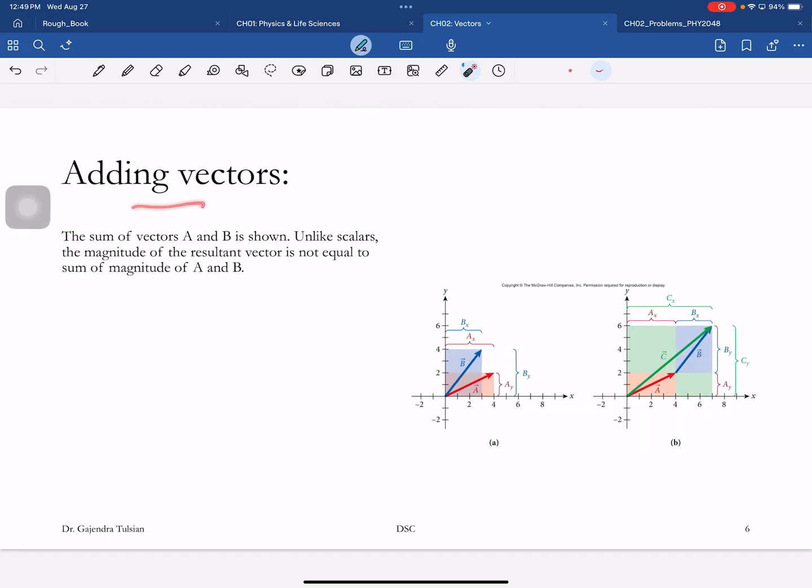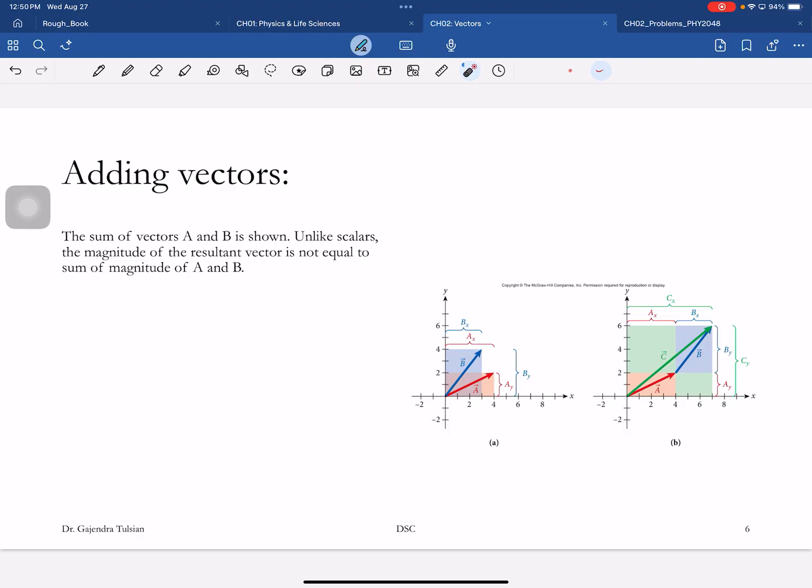And so you already saw how to add vectors. Here's a vector A and B. Remember, you can move this vector to any location as long as you're moving parallel to it, pointing in the same direction, and you don't change the magnitude. Another thing we didn't tell you, but this is assumed: this is in Euclidean geometry.